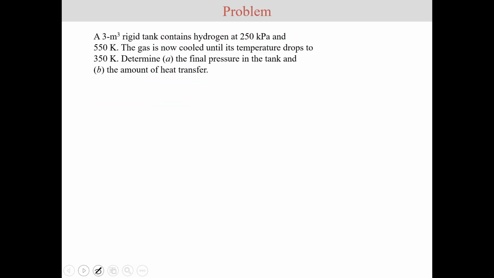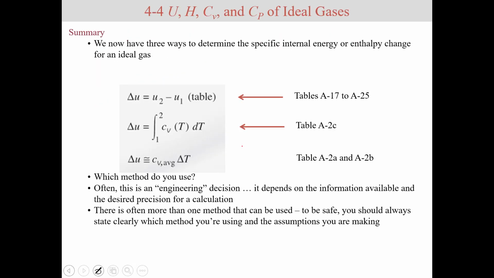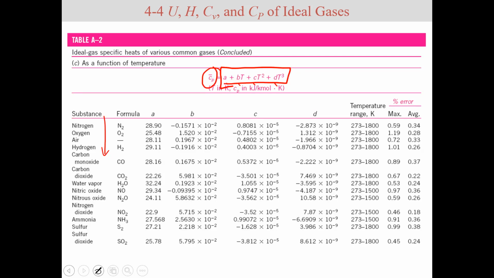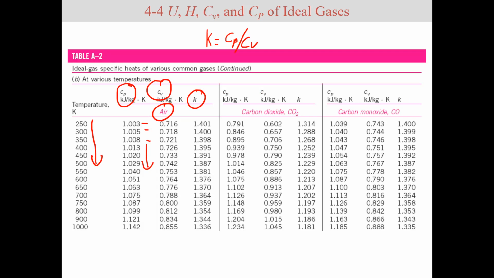Sorry, let me rewind a little bit. If we go back to this table, for example table A2B, it shows that for air, as I increase in temperature, 250, 300, 350, 400, and so forth, my specific heat is actually increasing with temperature. But if I don't have a big temperature increase, like let's say the temperature increases from 250 to 450, my specific heat increases from 1.003 to 1.02.